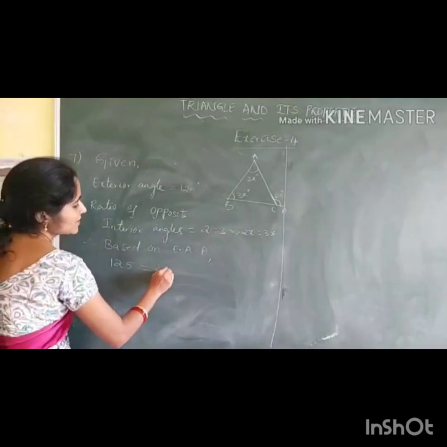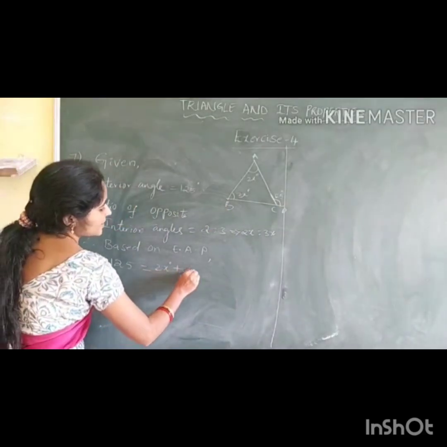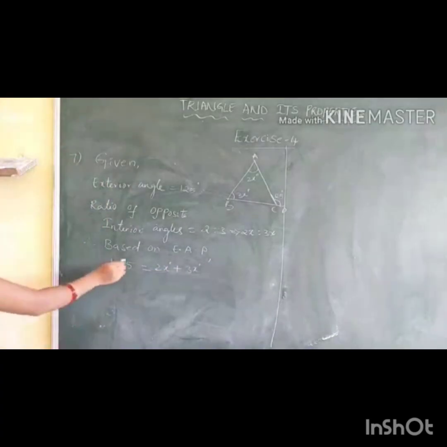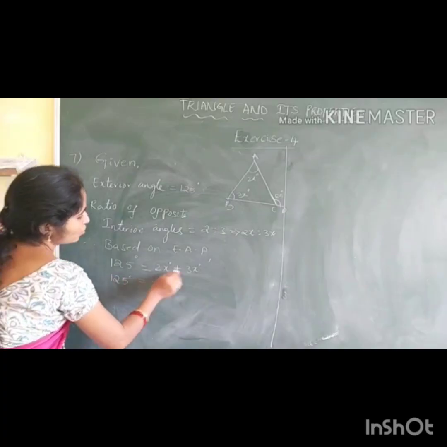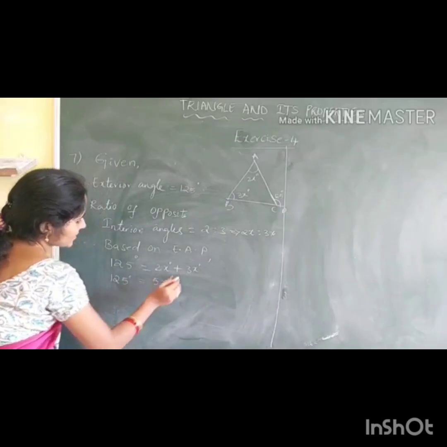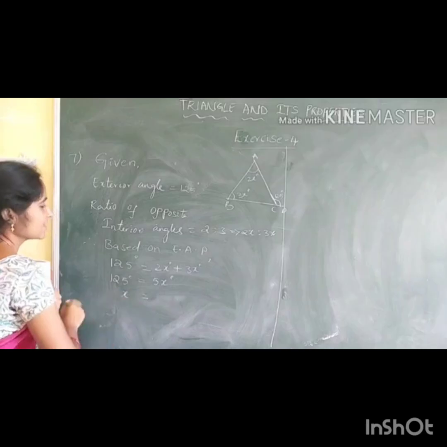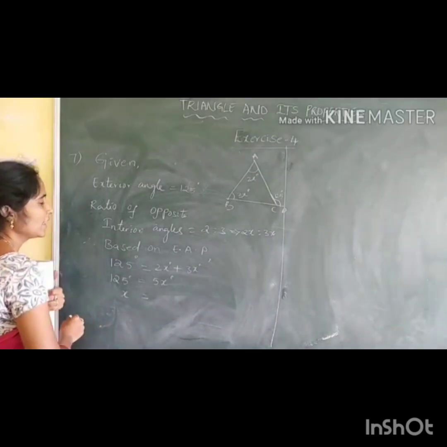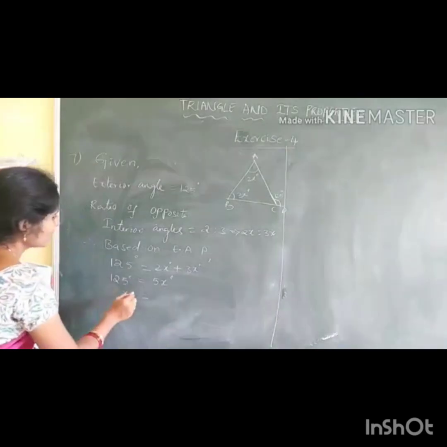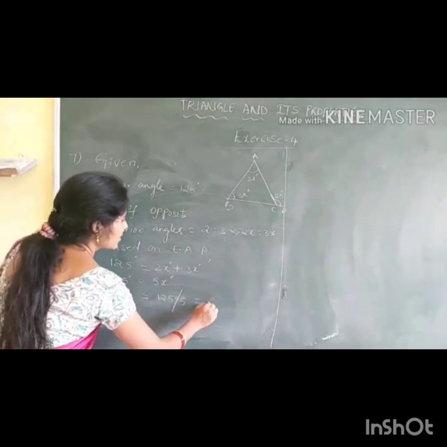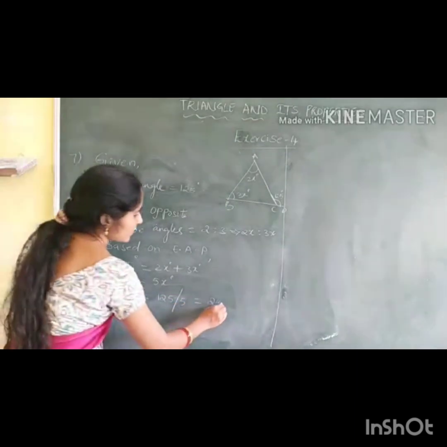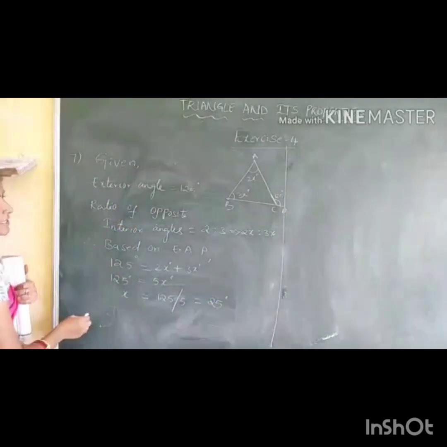So 2x degrees plus 3x degrees. Then 125 degrees is equal to 2x plus 3x, 5x. Then we want x. x is equal to 125 by 5. 5 twos are 10, 5 fives are 25. So x is 25.